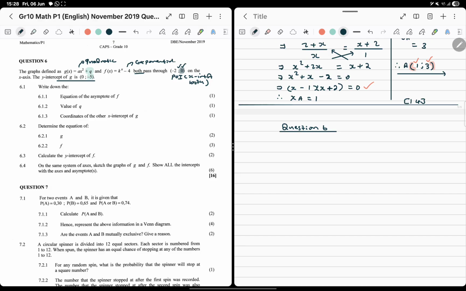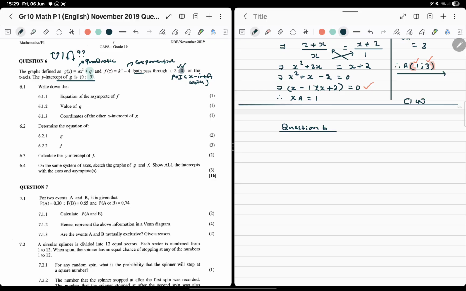So it means this is a parabola that turns right there. But then we don't see the graph, so we don't know whether this graph is concave up or concave down. We don't know which one is which. But all we know is that there is a turning point at (0; minus 5).